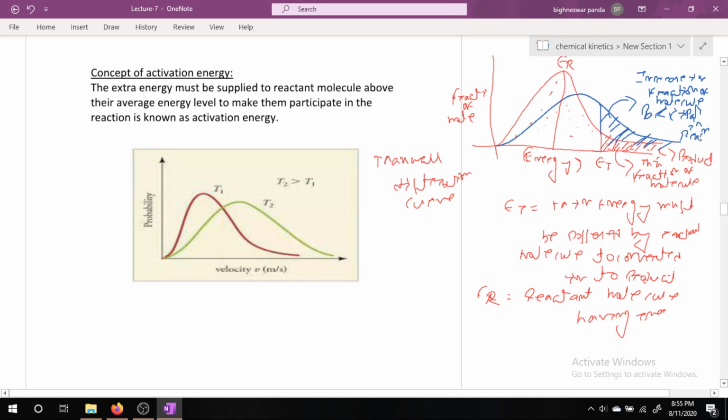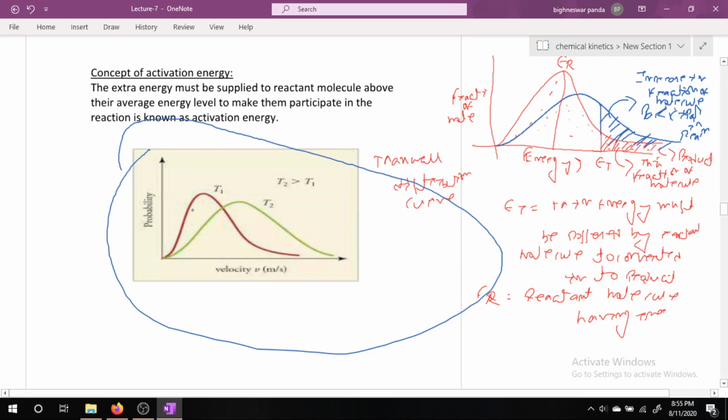So with increase in temperature, the rate of reaction also increases. So this is all about the Maxwell-Boltzmann distribution curve.